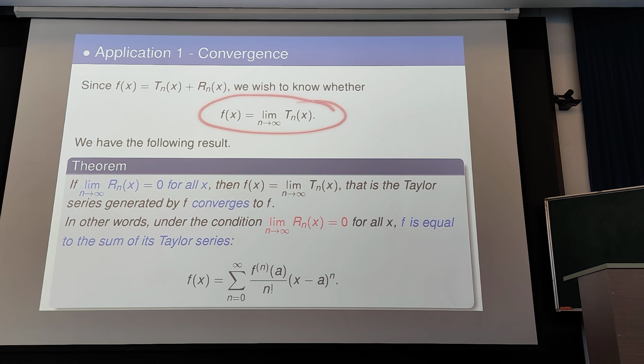If we have this, that means the function f has a power series representation, right? You agree? Because as I said before, T_n(x) is nothing but the nth partial sum of the Taylor series, right? And we know we define the value of an infinite series by taking the limit of the sequence of partial sums, right? And then if you have this, that means f(x) equals its power series. Okay?